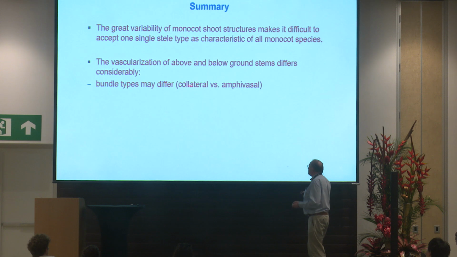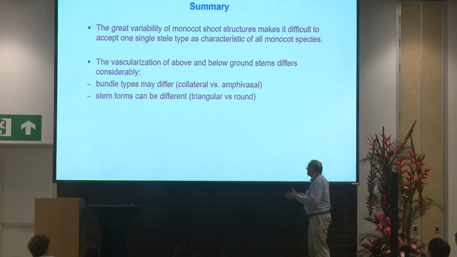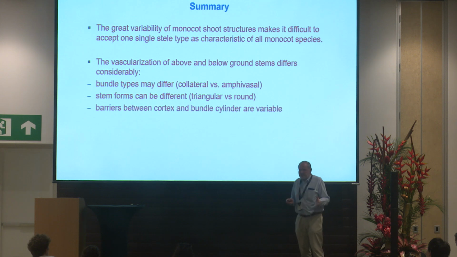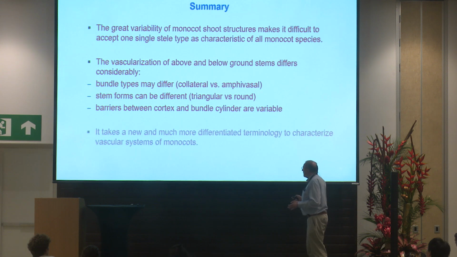Bundle types may differ, collateral versus amphivasal. Stem forms can be different, triangular versus round. Barriers between cortex and bundle cylinder are variable. And I think it takes a new and much more differentiated terminology to characterize vascular bundle systems in monocots.